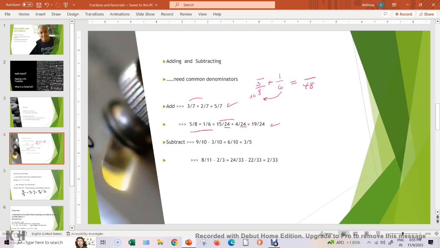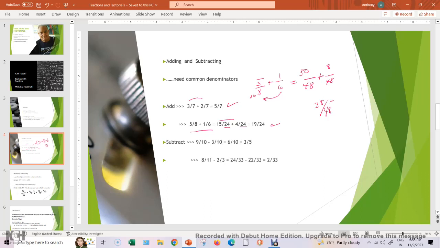If you multiply the bottom by 6, you must also multiply the top by 6, so that gives us 30. Same thing here. If we're using a denominator of 48, we've got a 6 in the bottom here and 48 here. How did we get there? Multiplied the denominator by 8. We've got to do the same thing to the top, so we have 8 over 48. So what that gives us now is 38 over 48.